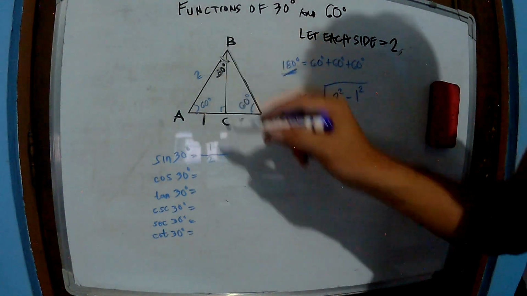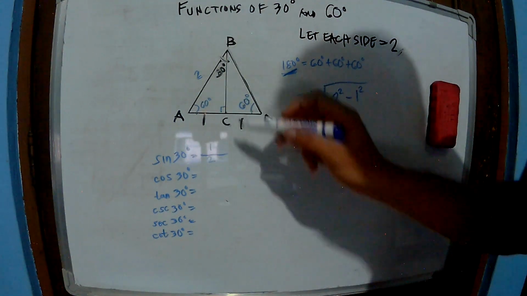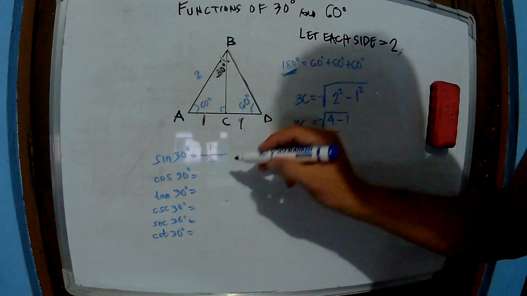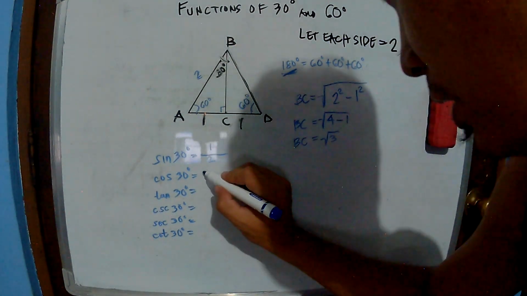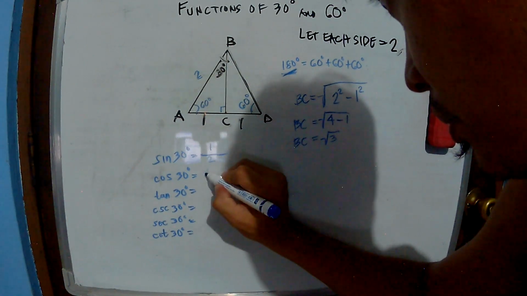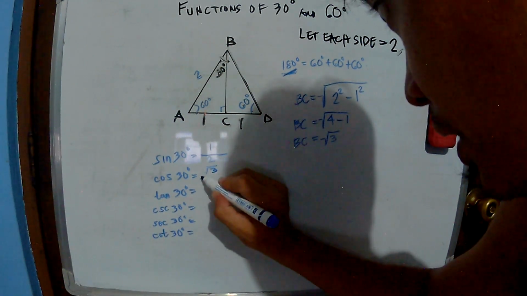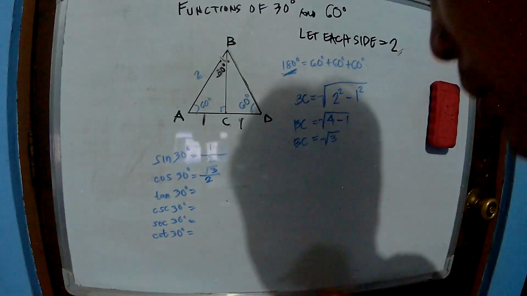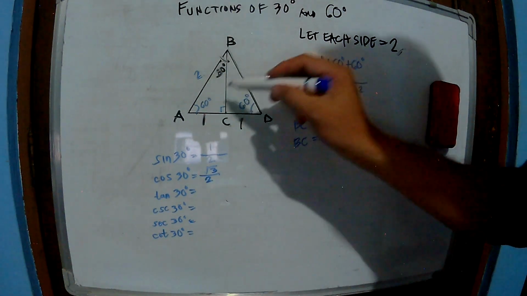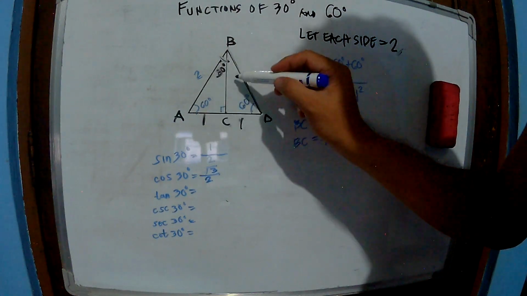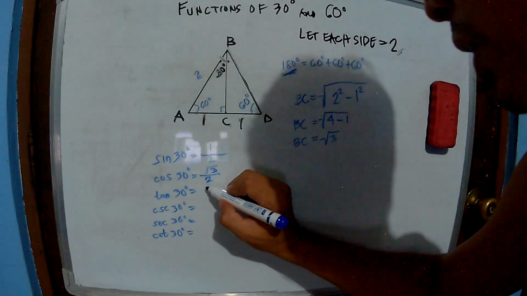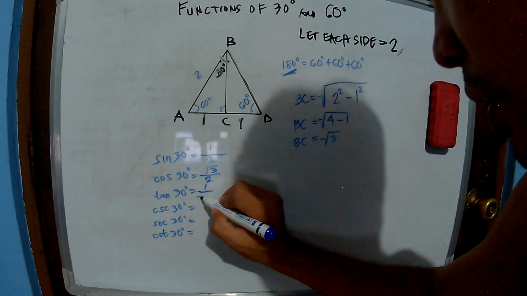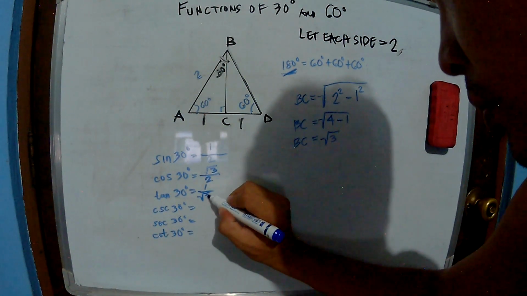For cosine, that will be the adjacent side, which is BC, square root of 3 over the hypotenuse 2. For tangent, that will be opposite side over adjacent, so that will be 1 over square root of 3.